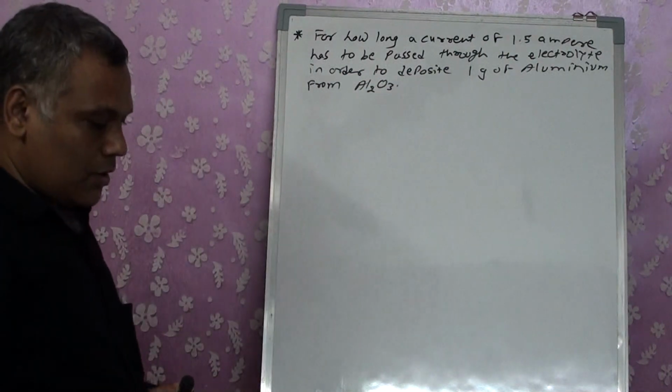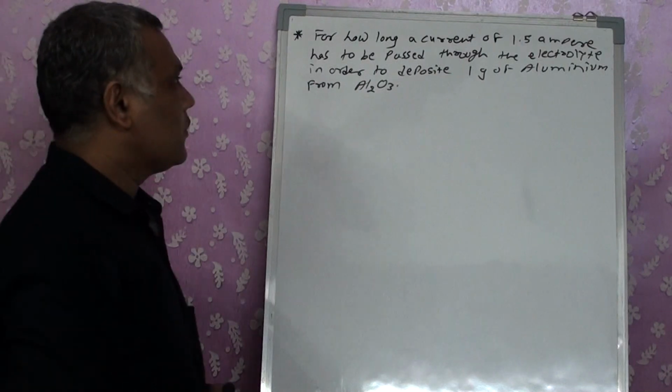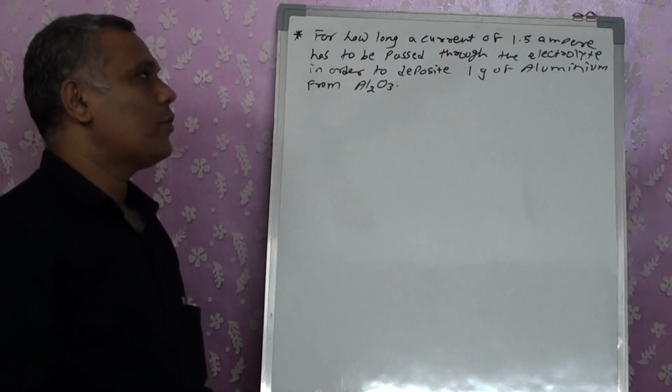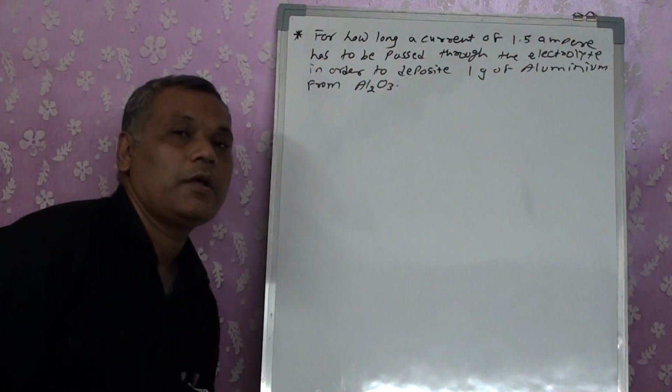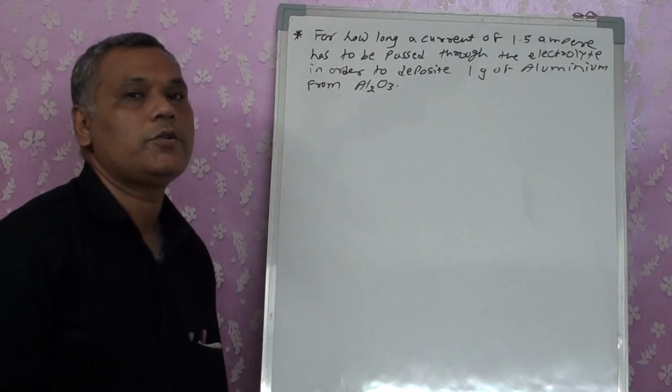What is the amount of the current that should be allowed to pass through the electrolyte in order to deposit 1 gram of Al from Al2O3?